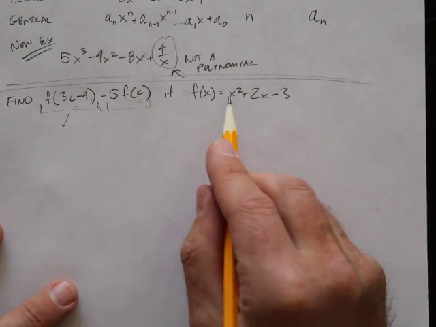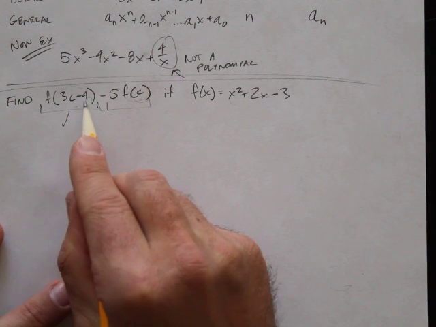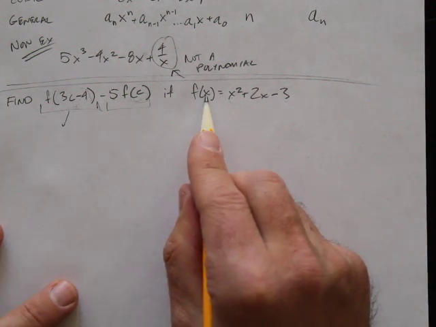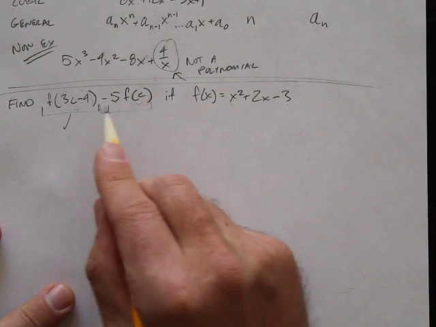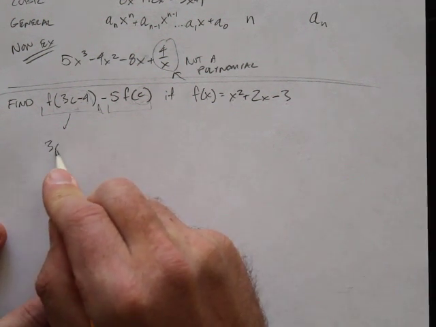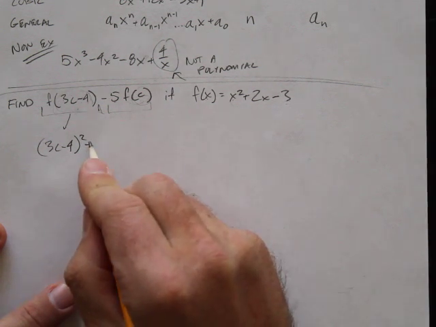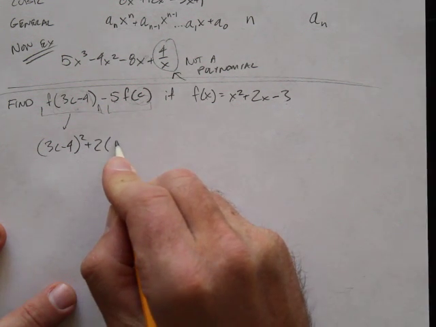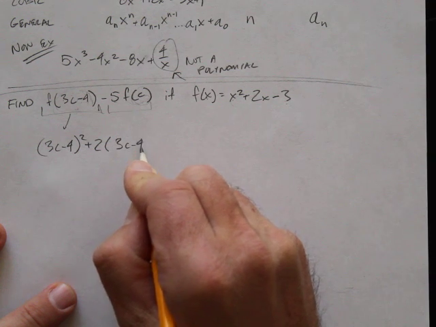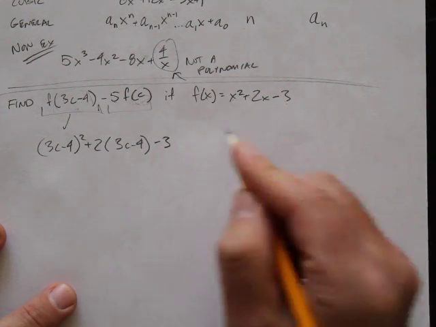So this is x squared, so I just plug this in for x. So 3c minus 4 goes in for x. 3c minus 4 squared plus 2 times 3c minus 4 minus 3.